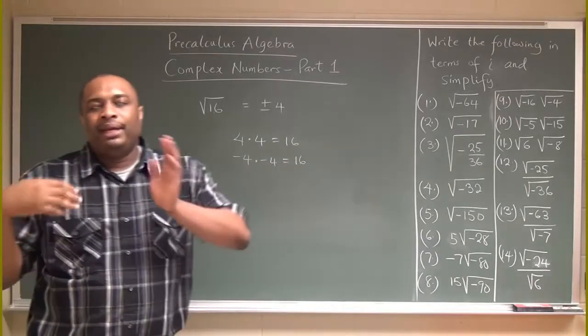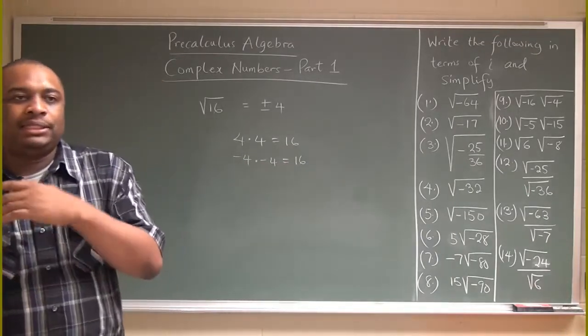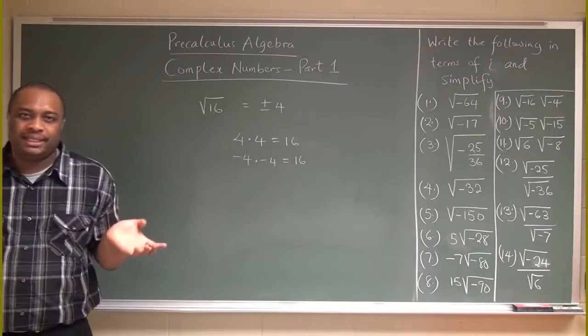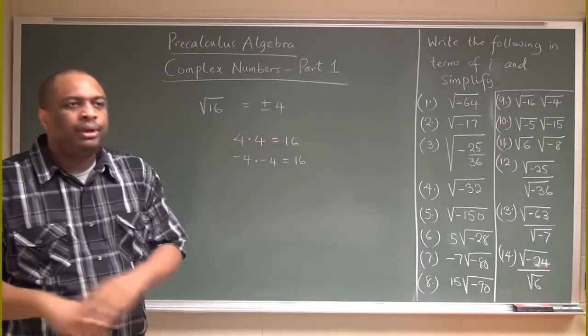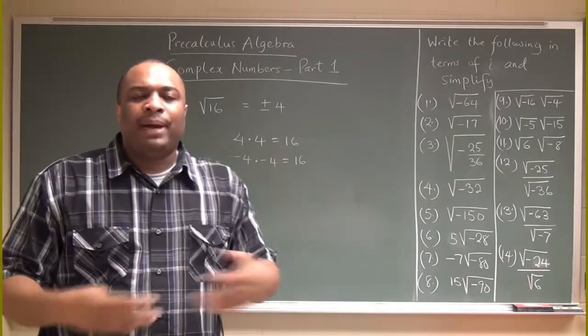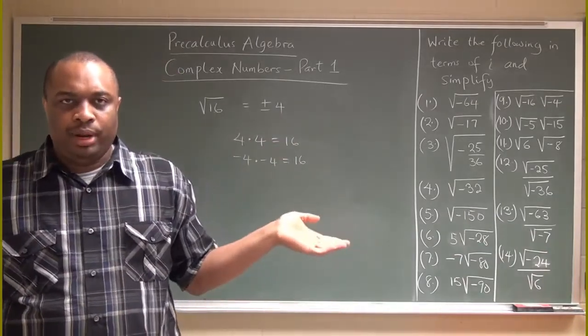By the principal square root, if I ask you the principal square root of 16, you will tell me that it's 4. So in real numbers, we have 2 square roots.